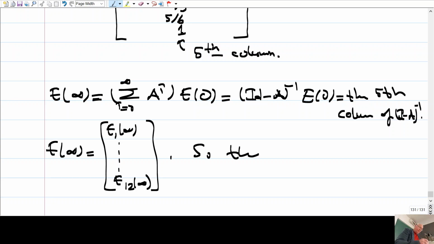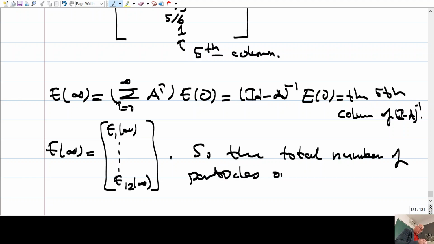So the total number of particles on the experiment table is just the sum of these, because at the first place we have that much, and second place, and so on.